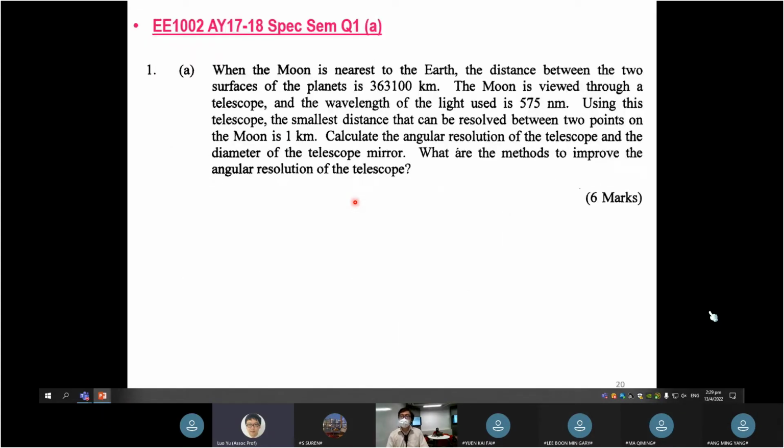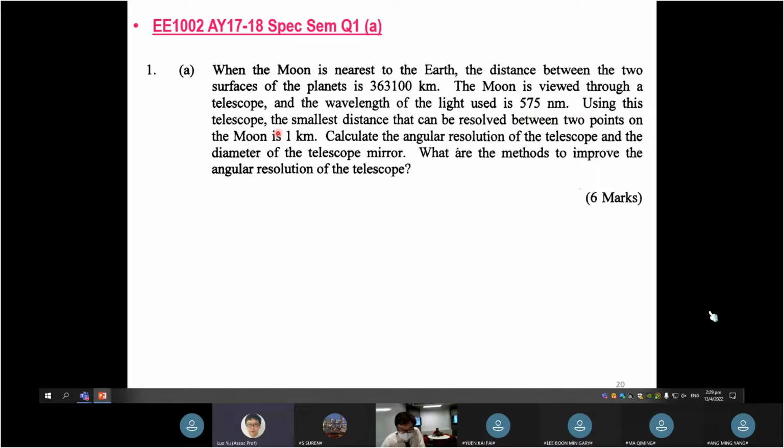Here it says we have a moon nearest to the Earth's surface. The distance between the two surfaces, which means now L, is given by this number in kilometers. The moon is now viewed from the telescope. The wavelength of light used is 575 nanometer.